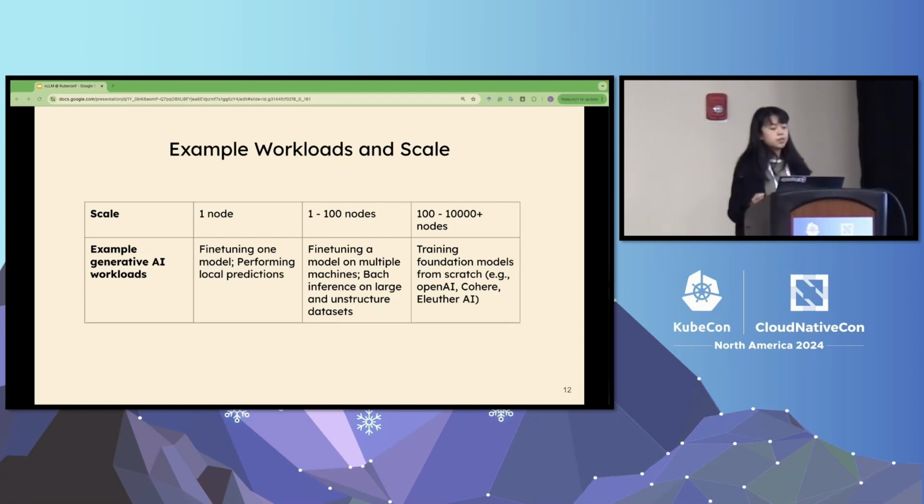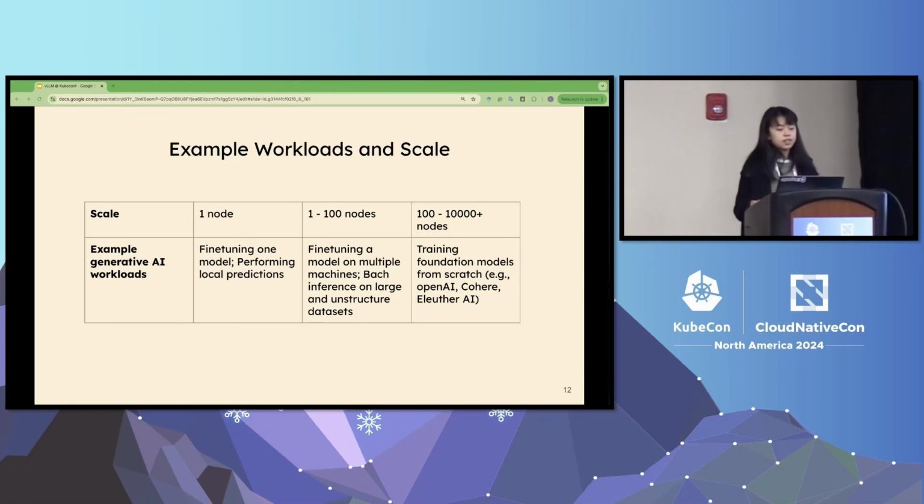To fine-tune a middle-scale model, you need a larger setup from 1 to 100 nodes. This allows you to distribute the model across multiple machines and leverage data parallelism to process larger data sets efficiently. Batch inference is also possible on larger scale, unstructured data at this level. However, if you want to train a foundation model from scratch, like a model with billions of parameters trained on trillions of tokens, you need 100 or even thousands of nodes.